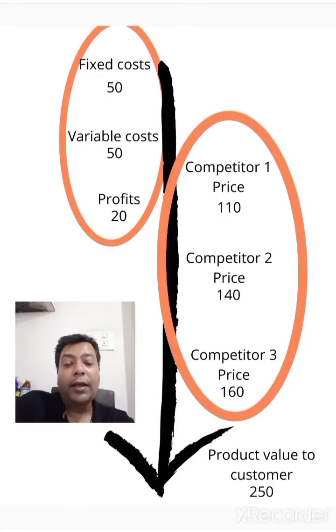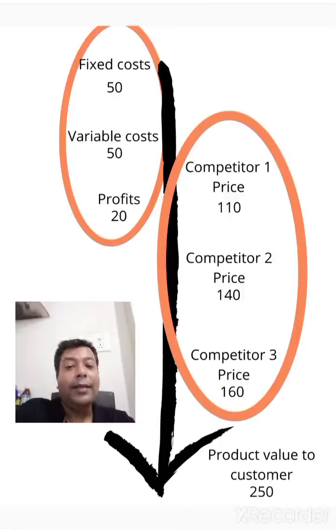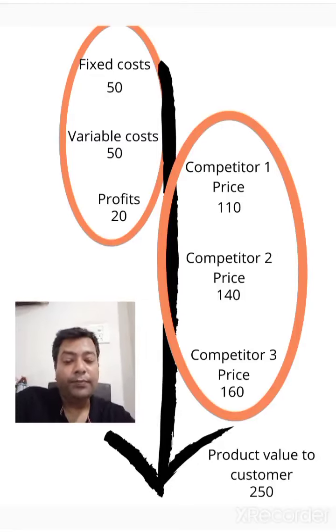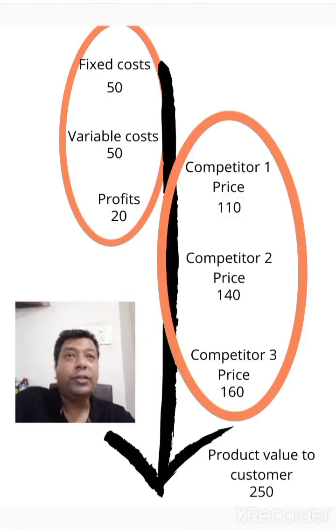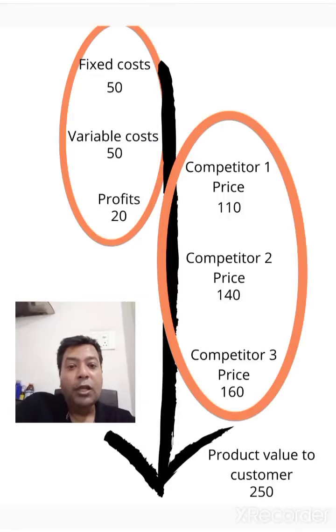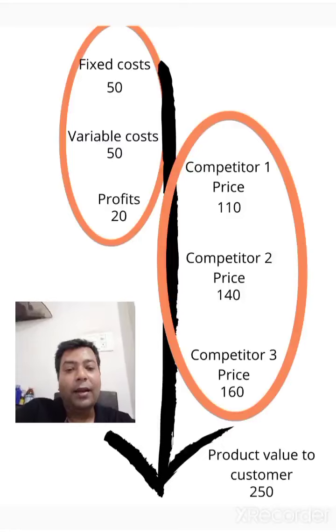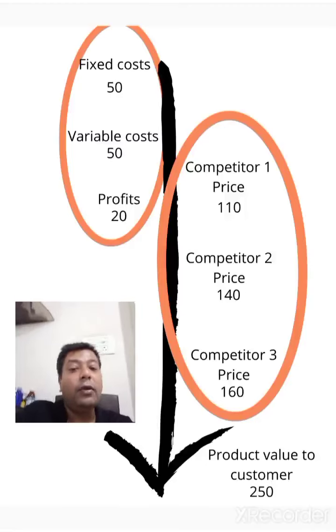Now let's try to understand what is the value that the cake is bringing to the customer. So let's assume that by eating your cake, a customer has an experience which is worth spending $250, right? So now you have to decide how you want to price your product based on your costs, your cost plus profits, your competitor prices, and the value you bring to the customer.